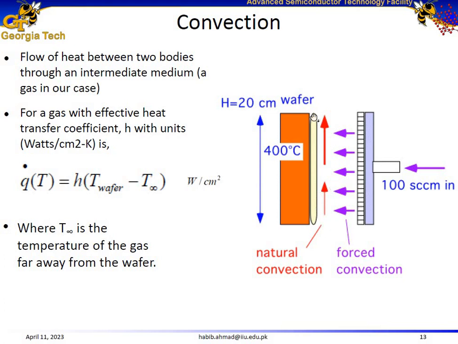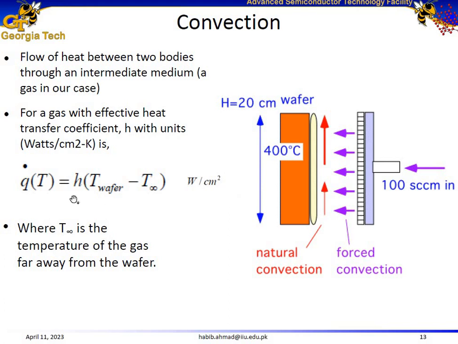So assume this is our silicon wafer, and we let gas enter into this environment, and the gas passes through a heater. When it passes through a heater, the gas molecules are also heated up, and then these gas molecules flow inside this chamber, and these molecules also land on the wafer and transfer their thermal energy to the wafer as well.